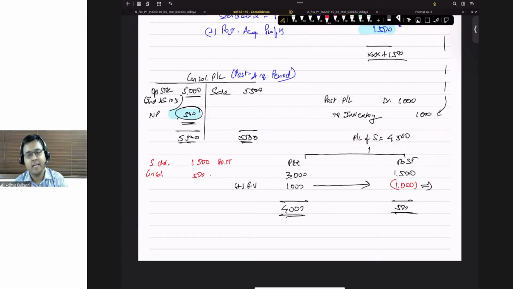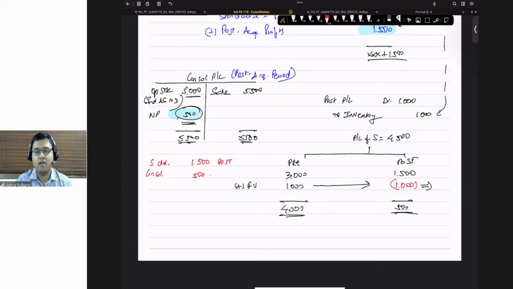Because inventory is already appearing at 5,000 in consolidated books. There is no concept of consolidated books, but in the consolidated financial statements, inventory's value has already jumped up by 1,000.